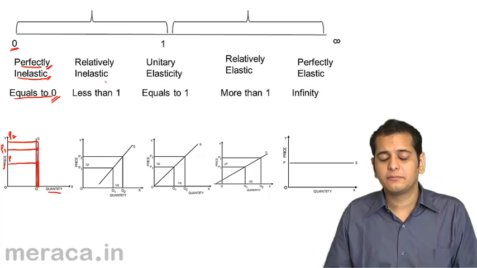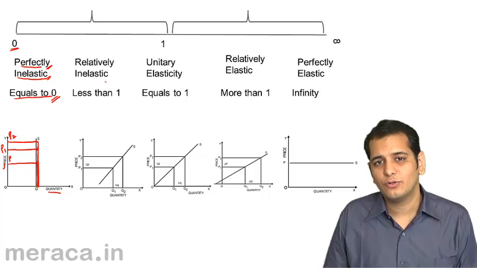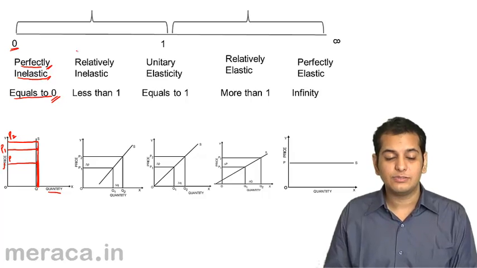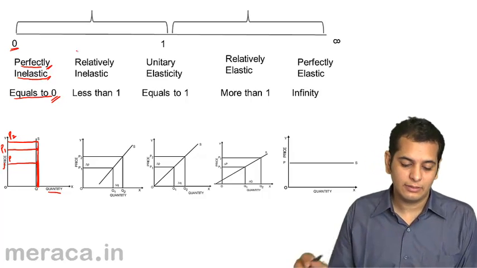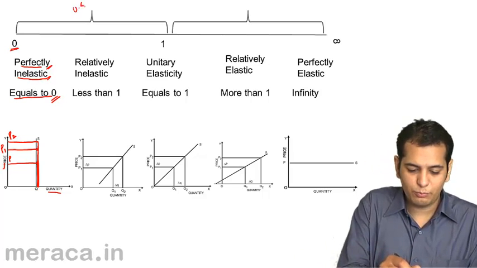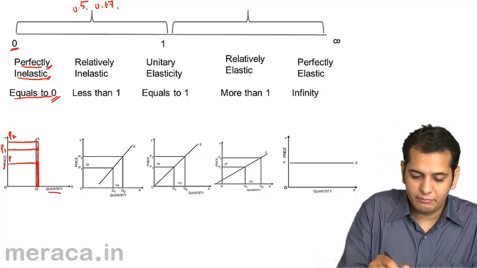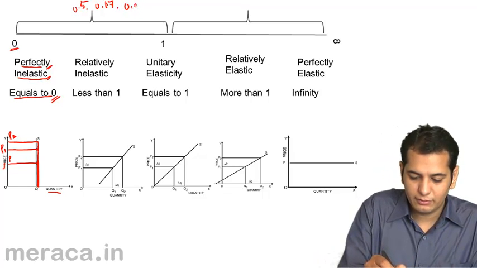Now let's see if we get an answer of elasticity of supply which ranges between 0 and 1. Let's say the answer is 0.5 or 0.67 or it may be 0.8.